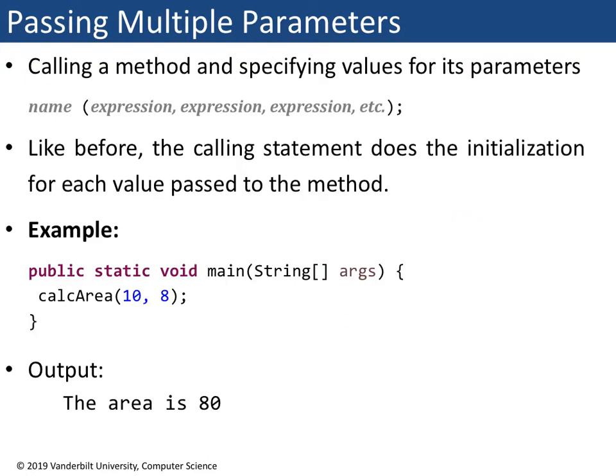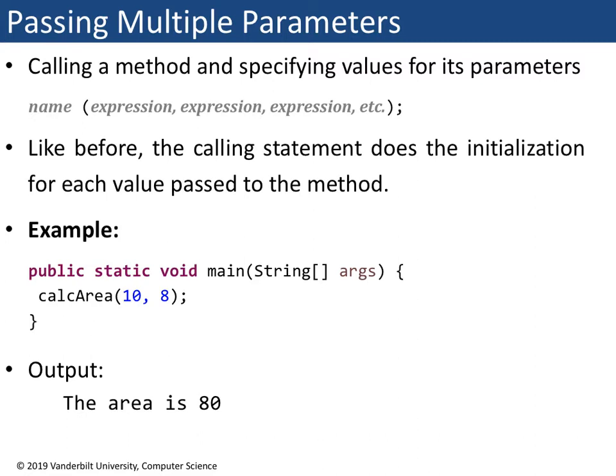So now let's look at the syntax a little closer for how to call a method that has multiple parameters. We said previously, for calling a method with a single parameter, we would call the method by name, and then in parentheses we would give an expression for the parameter that we wish to pass.